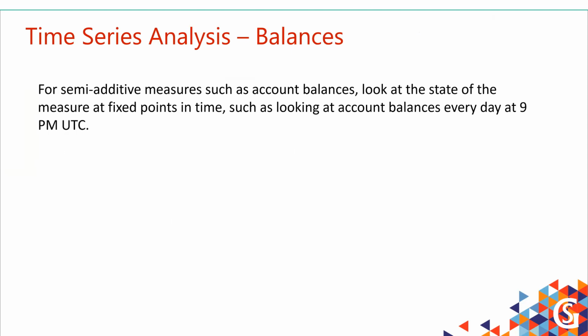With something that's semi-additive, like a bank balance, you want to look at the state of the measure at fixed points in time. You have a bank balance, 9 p.m. UTC. So when I say semi-additive, what I mean is that I can add up bank balances across all of the customers at the bank. But I cannot add my bank balance yesterday with the balance of today and get a real number. So it is not additive over time, but it is additive over customer.